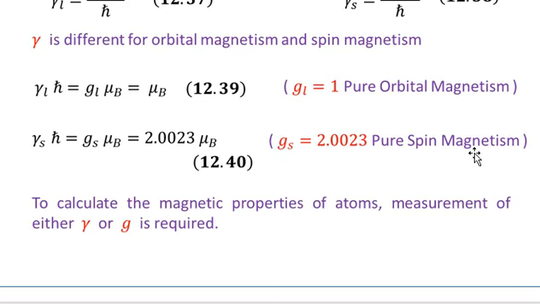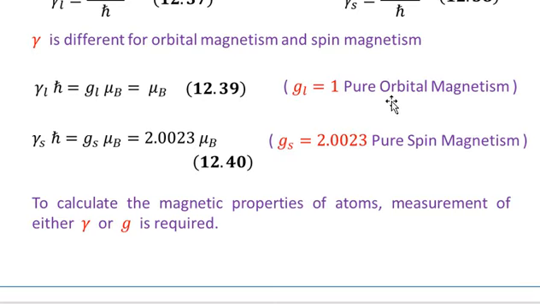Pure spin magnetism arises when the orbital angular momentum L is equal to 0, that is, for the case of an S electron. So when an S electron is present as the valence electron, of course the orbital angular momentum of the electron will be 0, and under such a condition the pure spin magnetism will arise, and the value of GS will be equal to 2.0023.